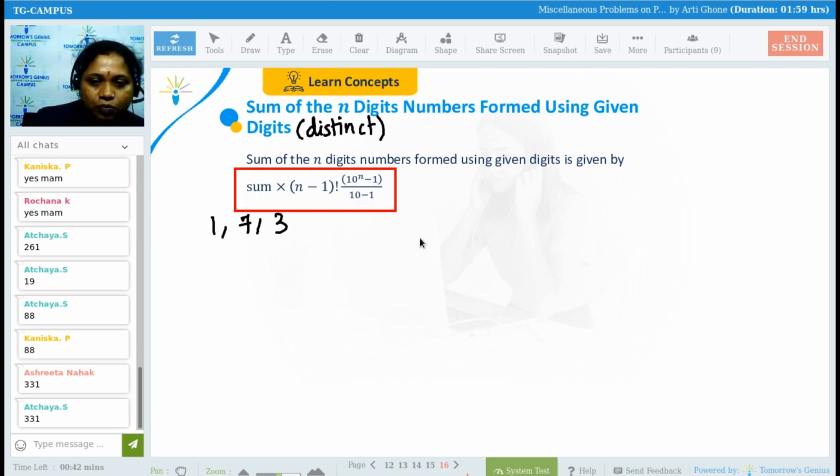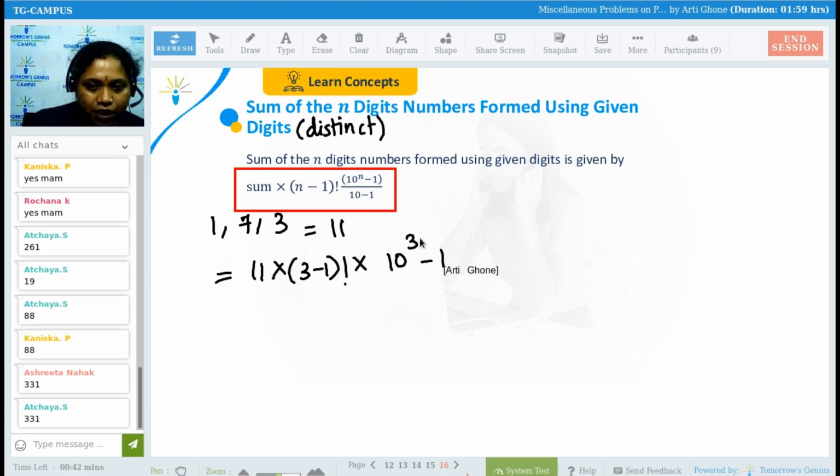Now you have to just identify the proper sum. What is the sum of these digits? 11. So 11. Now I'm putting it in this formula. The sum is 11 into (n minus 1), that is 3 minus 1 factorial, into (10 raised to 3 minus 1) upon (10 minus 1).